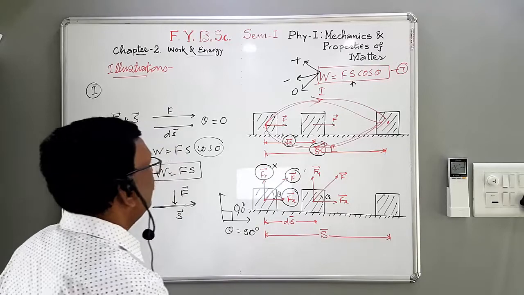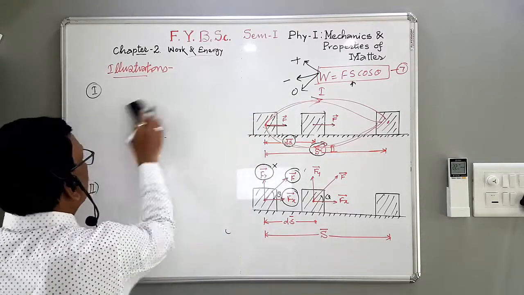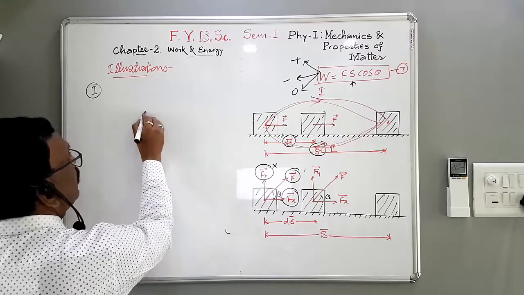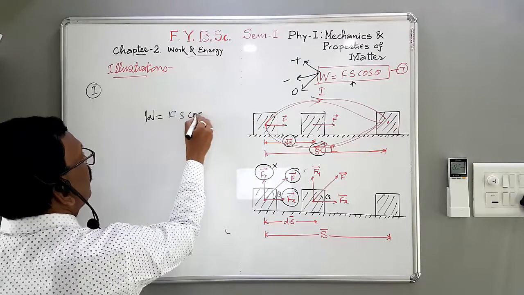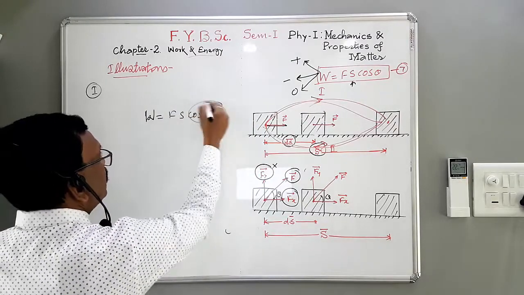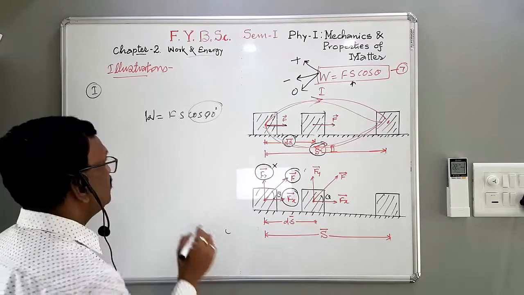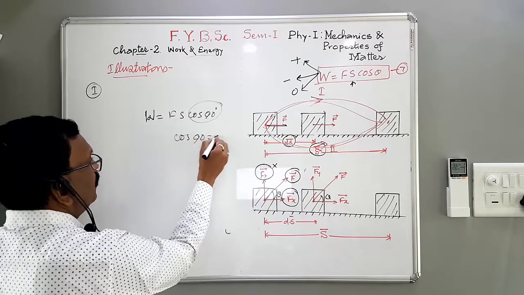When theta is 90 degrees, again from equation 7, W is equal to F S cos 90 degrees. And what is the value of cos 90 degrees? It is 0. Cos 90 is equal to 0.